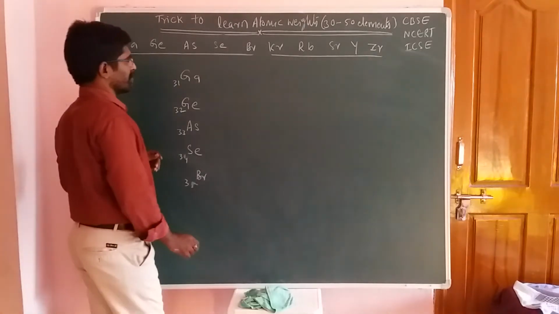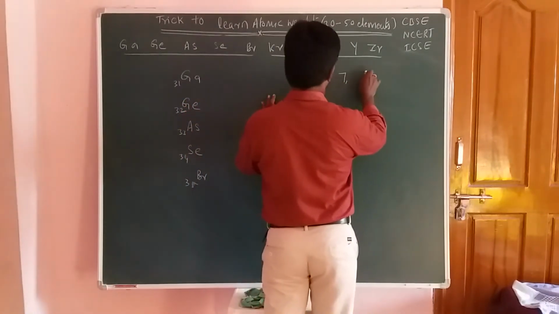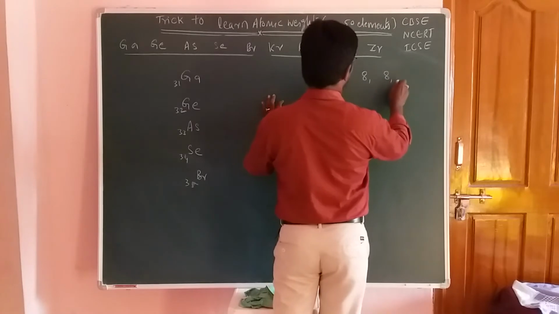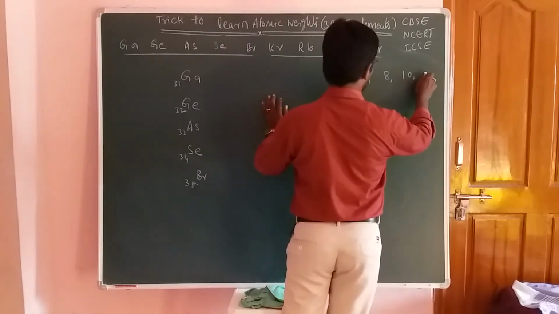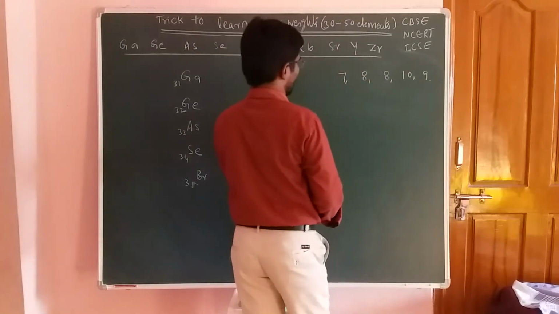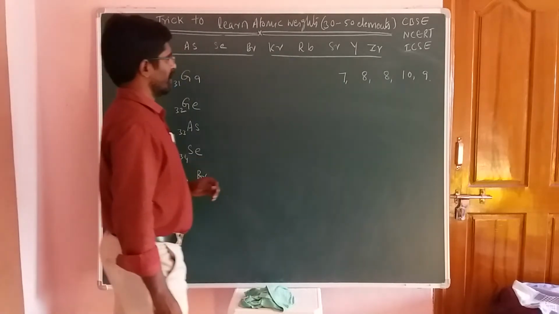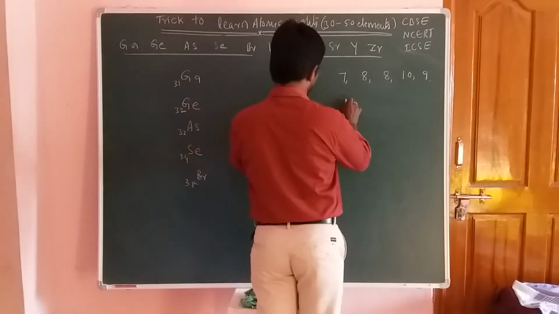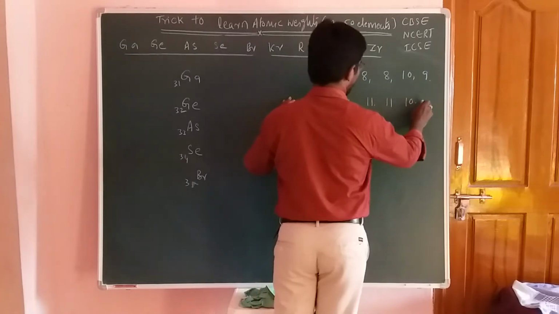Now a simple trick: you should add 7, 8, 8, that is 10, and next one is 9. These numbers are added for these elements. And the next numbers are 11, 11, 11, 10, and next 11.